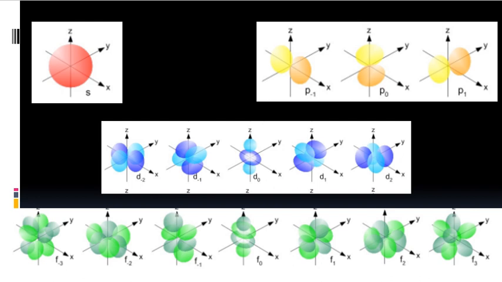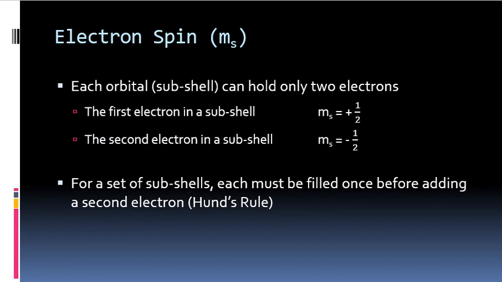Now, cool. All that's fine and dandy. Now, there is one last quantum number, and that would be the electron spin, which is represented by m subscript s. Now, this essentially helps you distinguish this quality. Each orbital, each subshell, can hold up to 2 electrons.